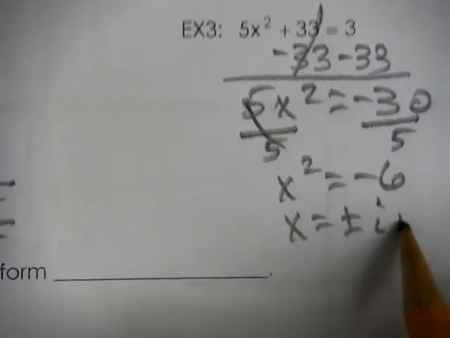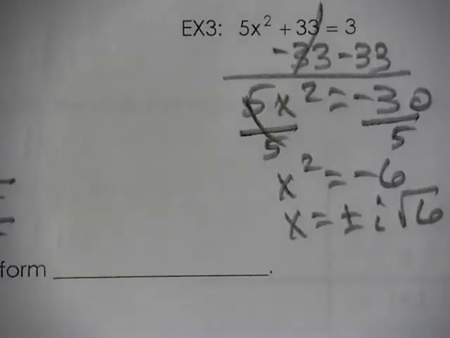And when we take the square root, we know we have to have plus or minus. Because it's a negative 6, we're going to put an i in there. And it's the square root of 6.